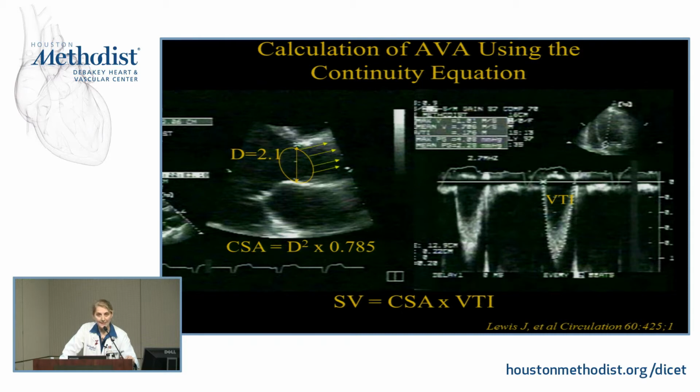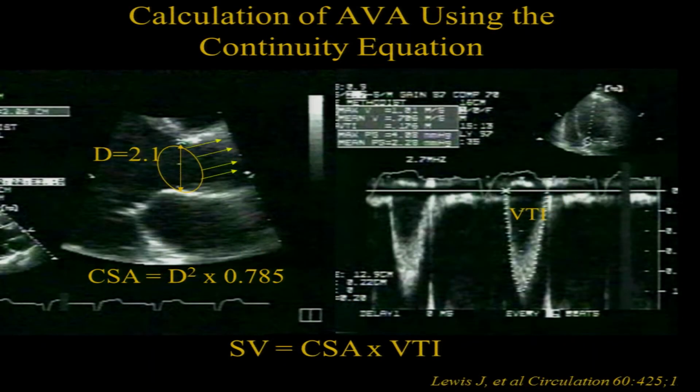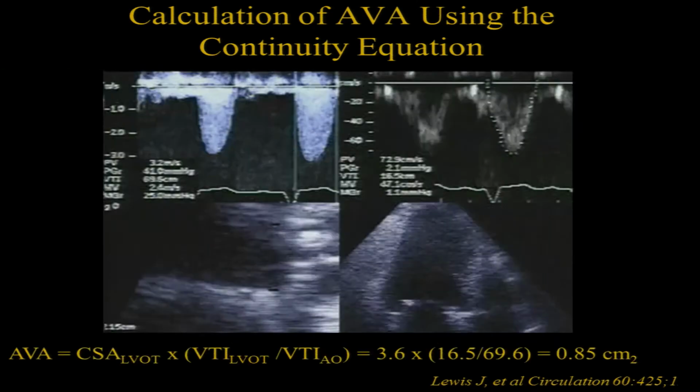So of course we need that aortic valve area assessment. So how do we calculate the aortic valve area? Well, this is just showing the continuity equation where we first need to determine that cross-sectional area in the left ventricular outflow tract, which is where we're going to measure the flow. And once we have that area, which is just the diameter squared times 0.785, if we multiply it by that pulse wave time velocity integral at the same point that we measured that cross-sectional area, we can get a pretty accurate stroke volume.